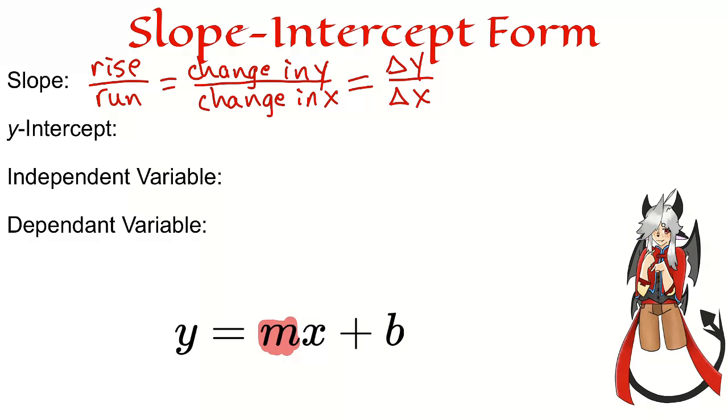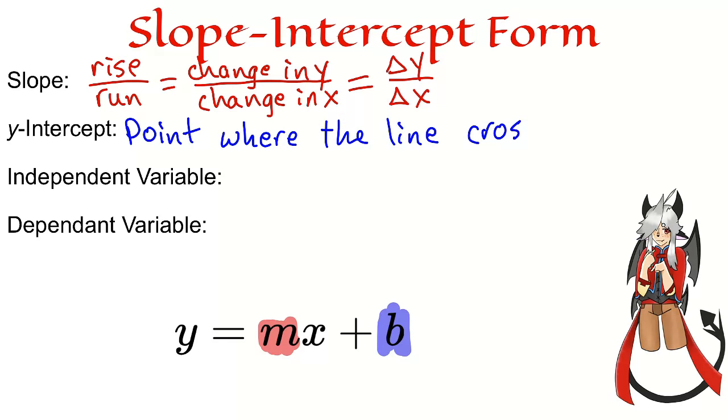The y-intercept is in the equation, the y-intercept is the b value here. So the y-intercept is the place where the line crosses the y-axis.